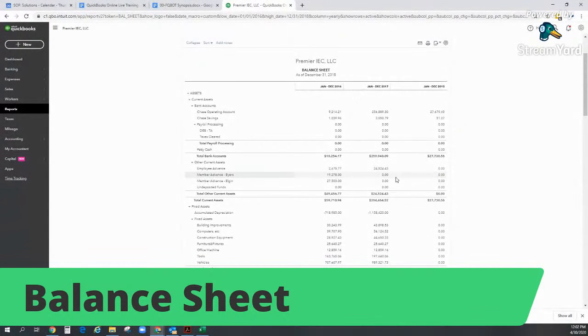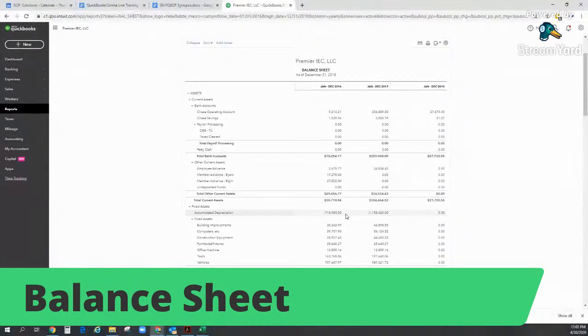We have loans that the members had. The members had outstanding loans. That's an asset. This top part is assets. These are the assets of this company. So if the members get money from the company, that's an asset to the company.